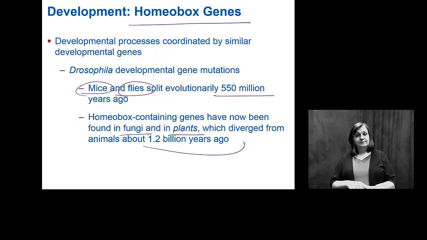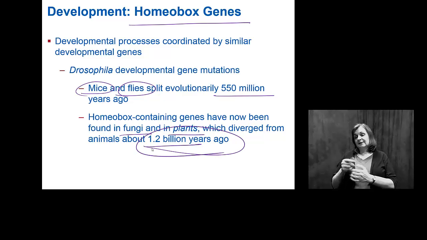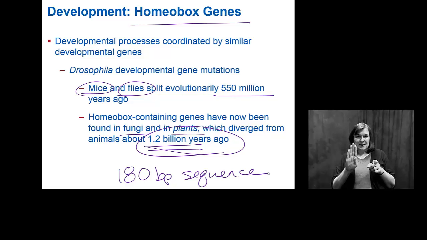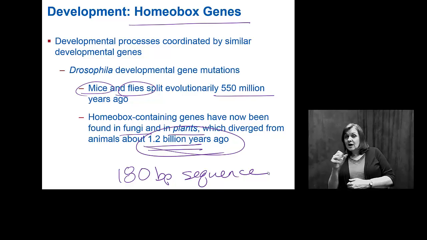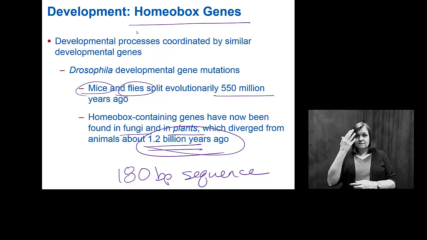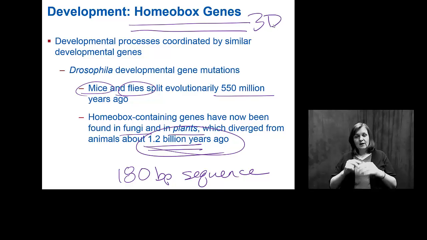Fungus and plants split from animals 1.2 billion years ago. So when we're talking about a 180 base pair sequence that is the same in a fungus and in you, that's pretty amazing. And before you say you don't look anything like a fungus, I disagree. You have a dorsal, you have a ventral, you have an anterior, you have a posterior. Homeobox genes set up a three-dimensional body plan. They don't care what your body looks like. They just need to set up a plan.